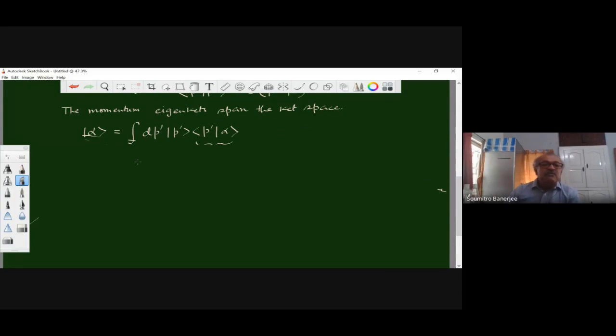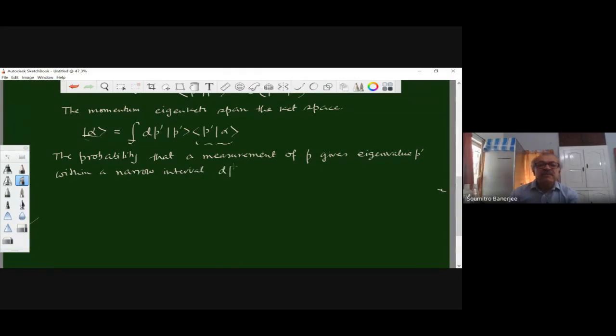The physical meaning of this is that the probability that a measurement of p, here we are doing in p space, so we are measuring the momentum, gives the eigenvalue p prime within a narrow interval dp prime around p prime.